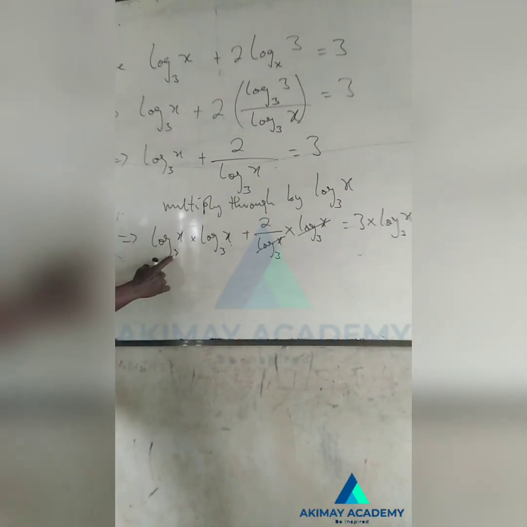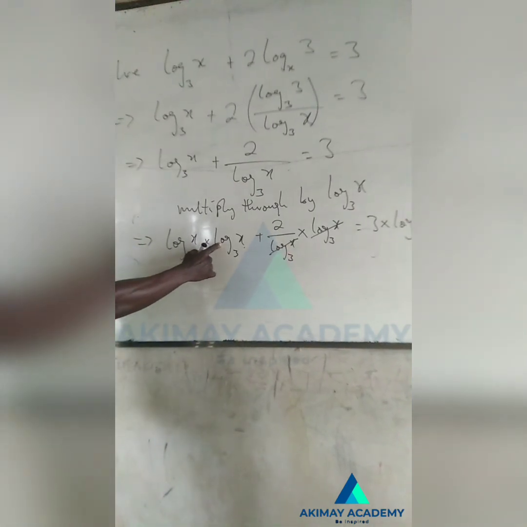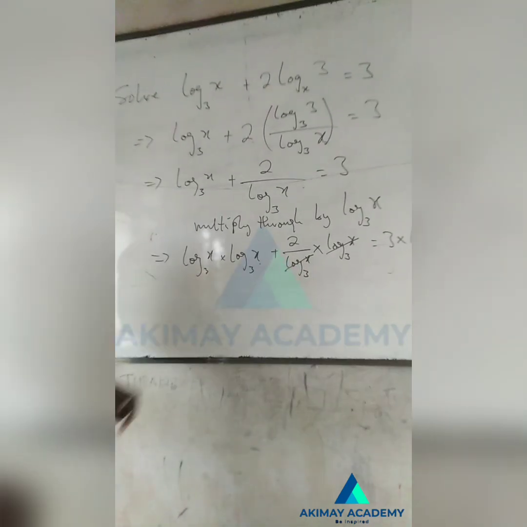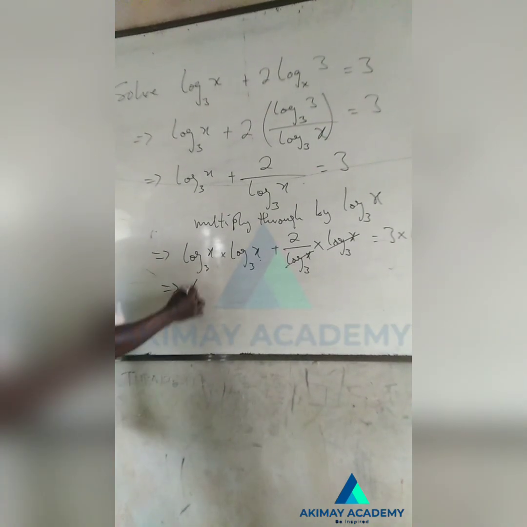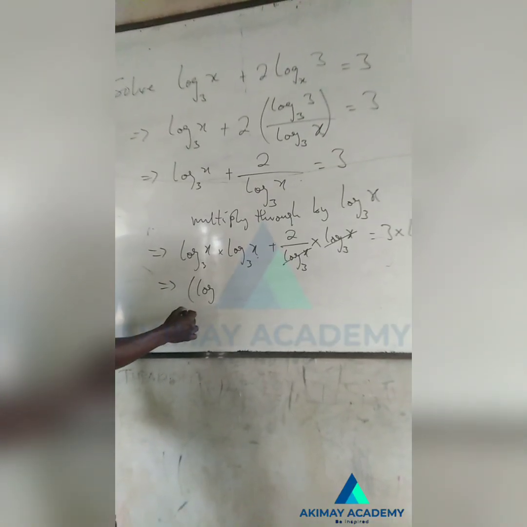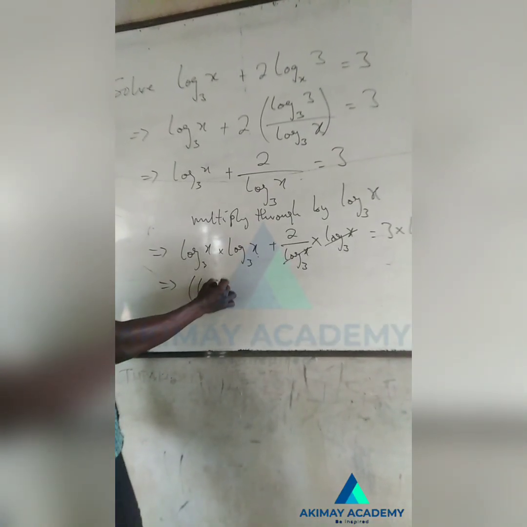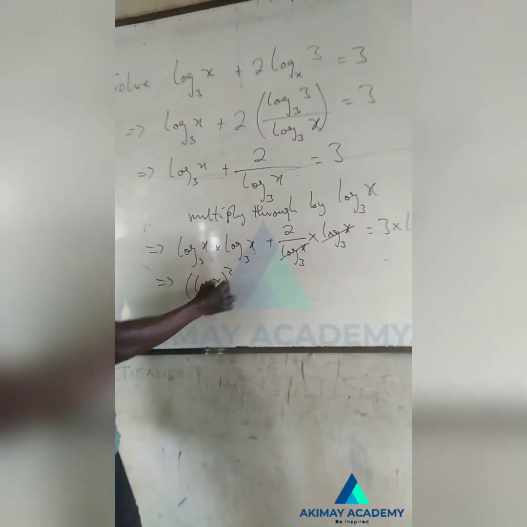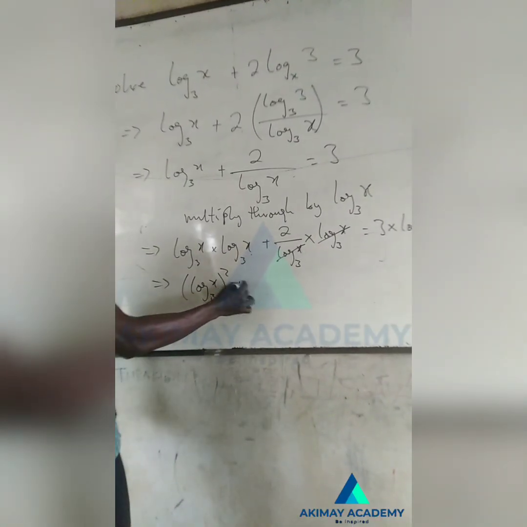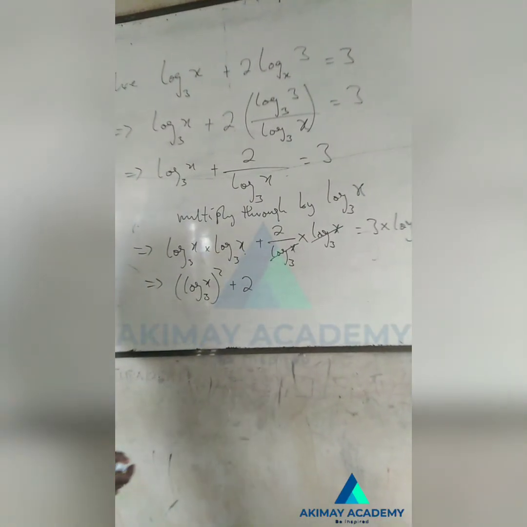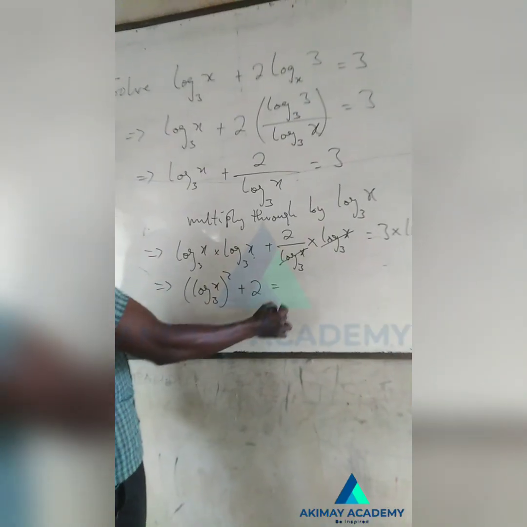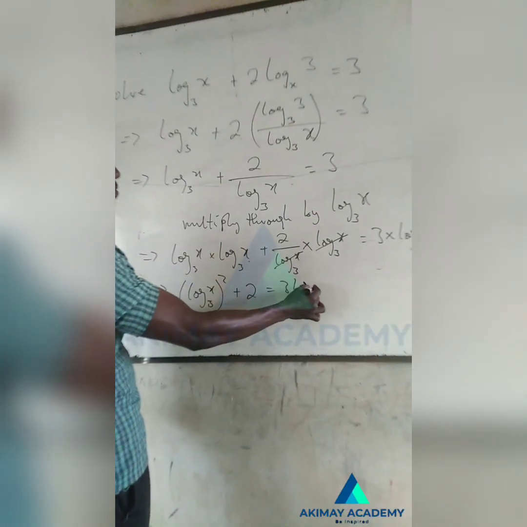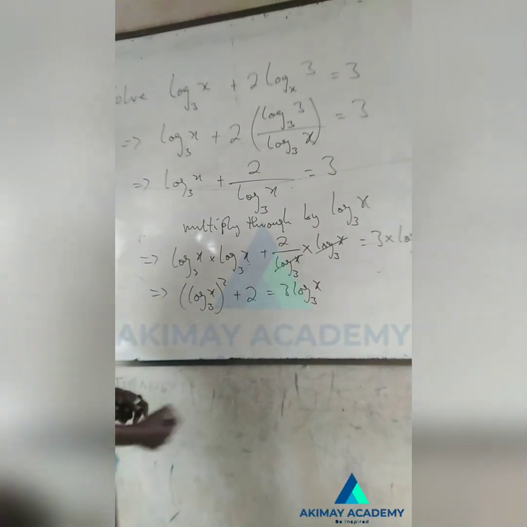Then we have log x to the base 3 times log x to the base 3. They look alike, so we take them together now: log x to the base 3 all squared, right? Plus the remaining 2 over there. And this should equal 3 log x to the base 3.